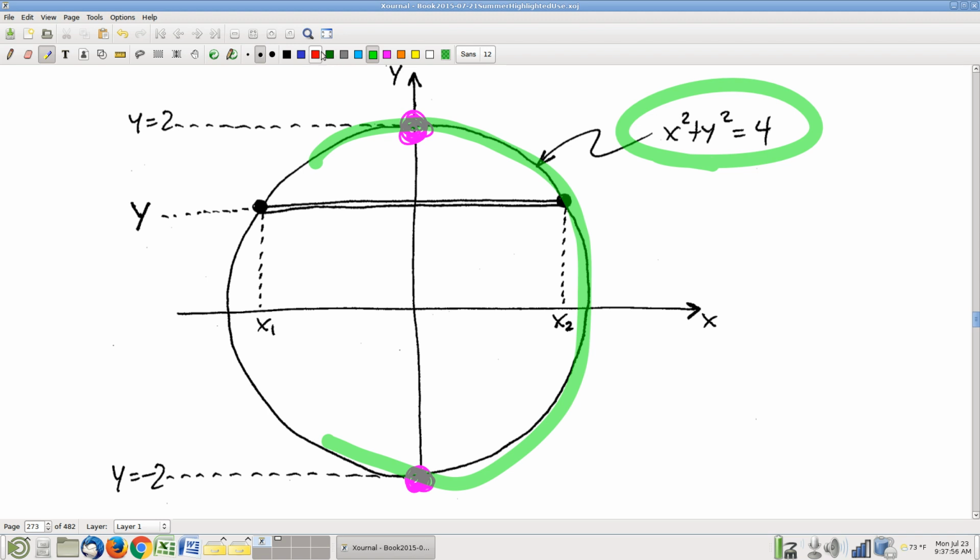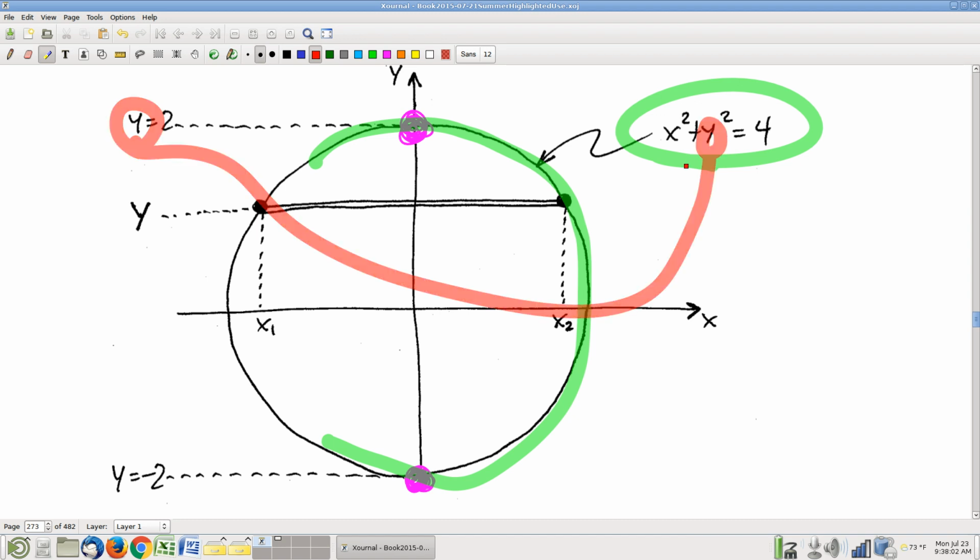I'm interested in knowing what y is, so I need to solve for y. There's a temptation to write square root of 4 minus x squared, but of course that's not all you know about these points. I also know that, just by the symmetries of the picture, those points are on that curve where x is equal to 0. And so that term goes away. So you have plus and minus 2.